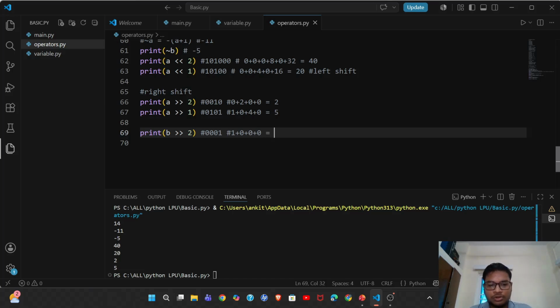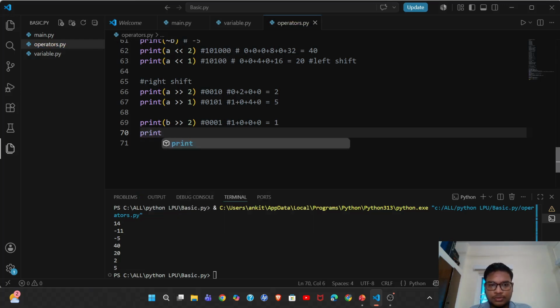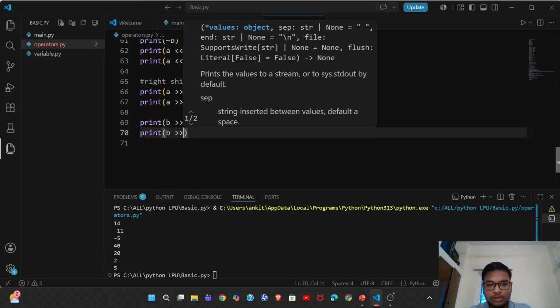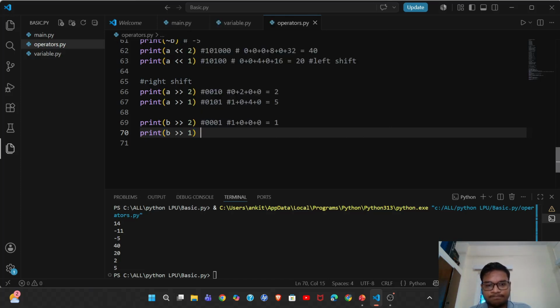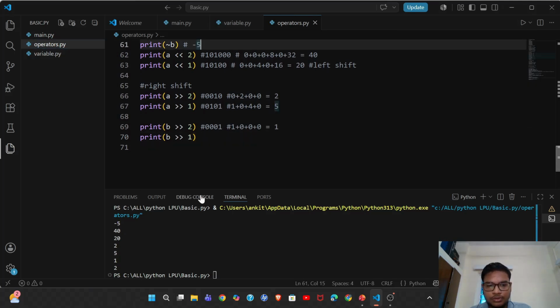That value is 1. And then print B right shift 1. What do you think? Just run it. Okay, that's 1, and this value is 2.